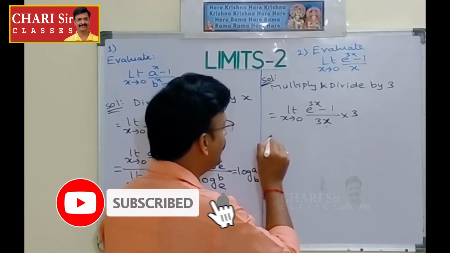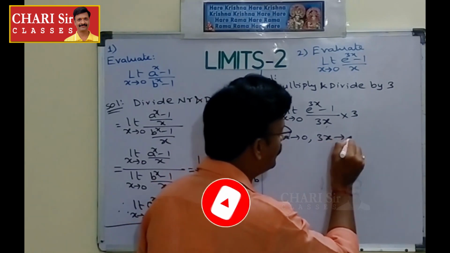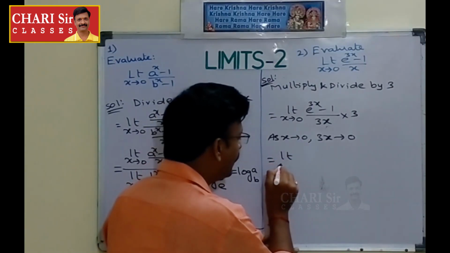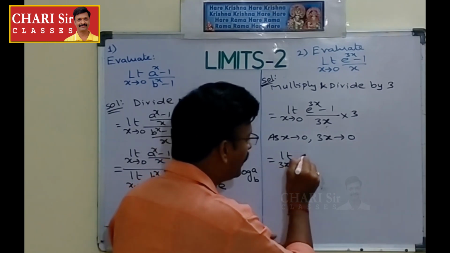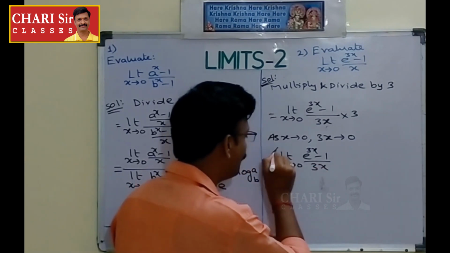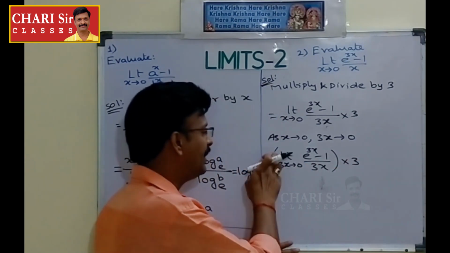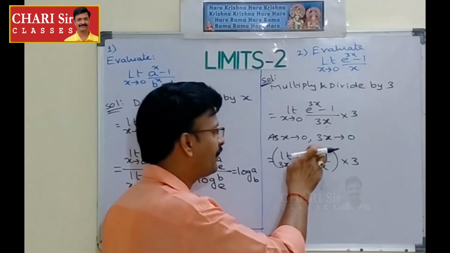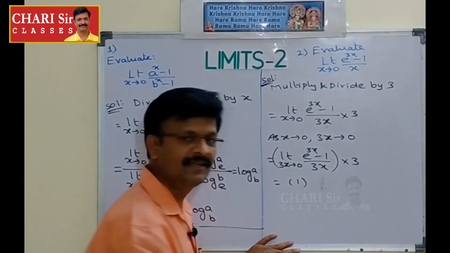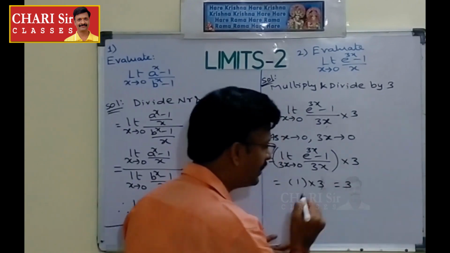Now we know that as x tends to 0, 3x also tends to 0. Now what can we write? Limit 3x tends to 0 (e to the power of 3x minus 1) by 3x. What is the standard form of this function? When limit 3x tends to 0 (e power 3x minus 1) by 3x, this limit value is 1 into 3, that is equal to 3.